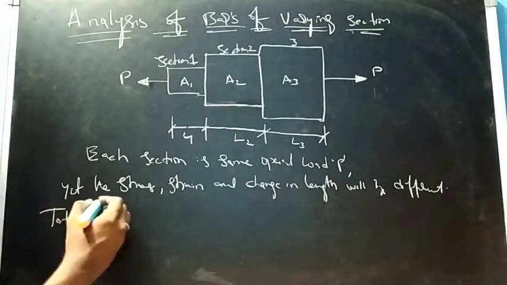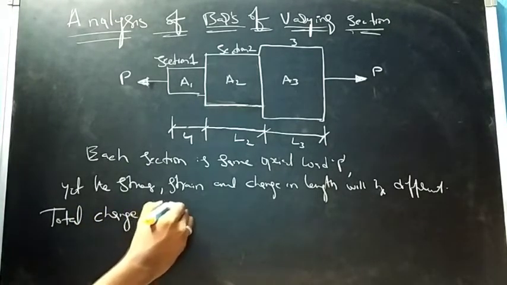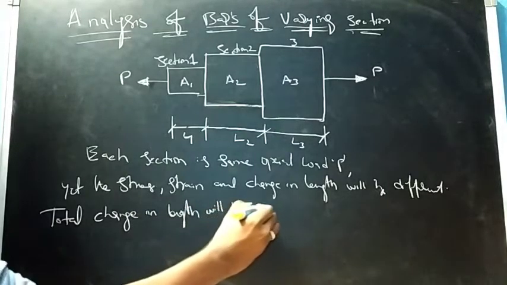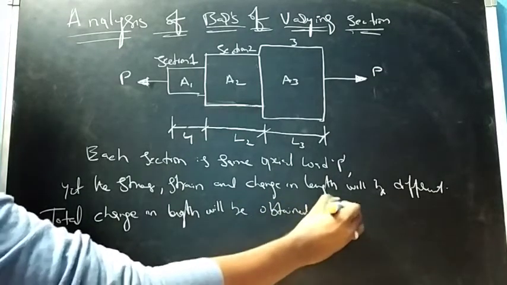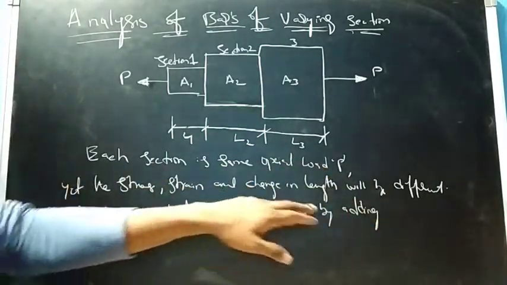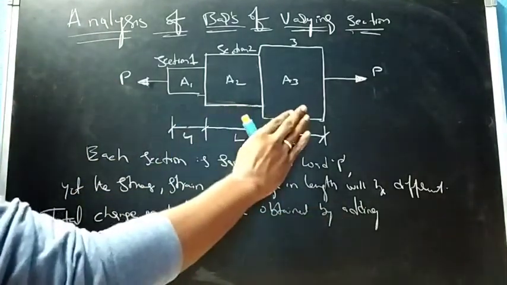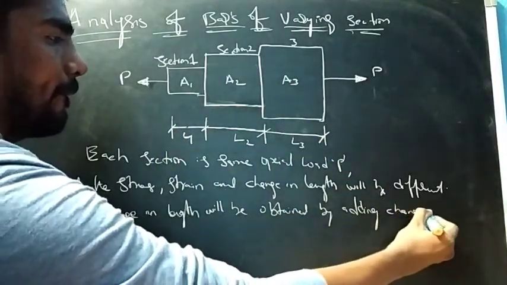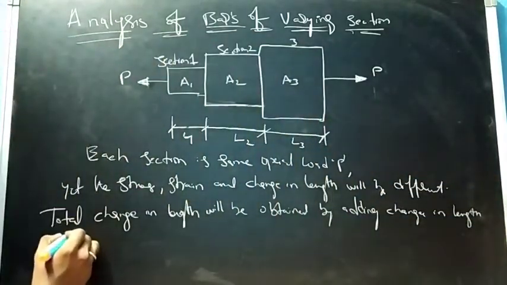The total change in length will be obtained by adding the changes in length individually, right?